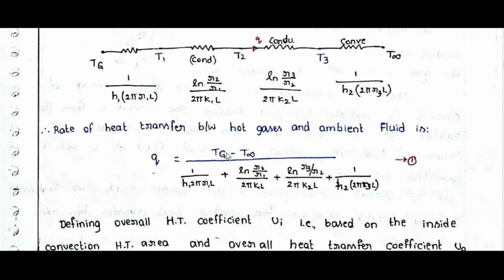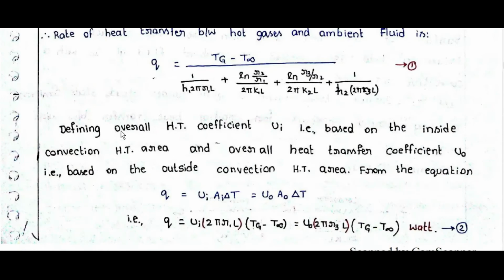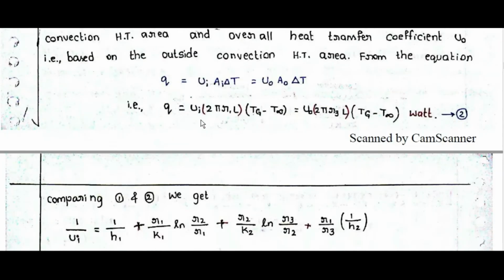The rate of heat transfer between hot gases and ambient fluid is Q equal to (Tg minus T infinity) divided by the sum of resistances. Defining the overall heat transfer coefficient Ui based on the inside convection heat transfer area, and Uo based on the outside area, Q is equal to Ui Ai delta T is equal to Uo Ao delta T. That is, Q is equal to Ui 2πR1L (Tg minus T infinity) is equal to Uo 2πR3L (Tg minus T infinity) watt.